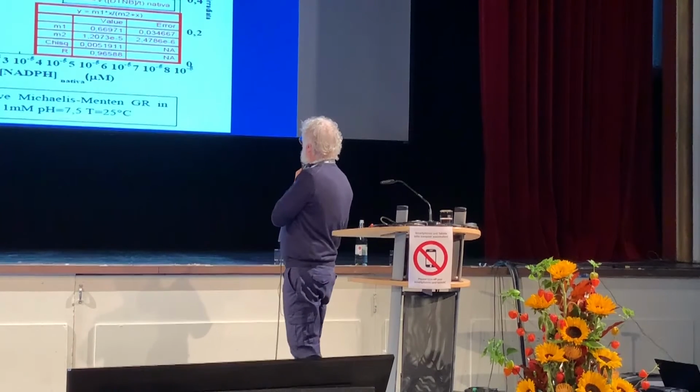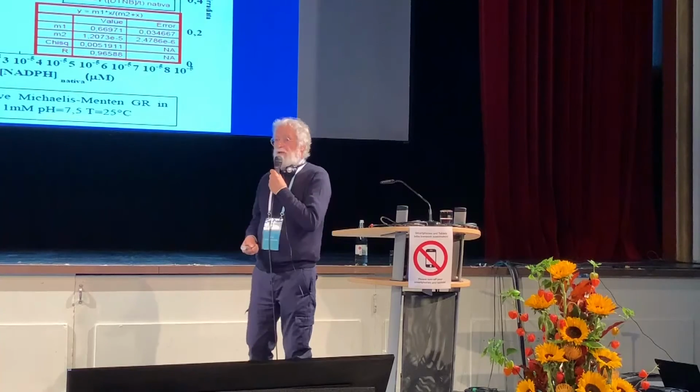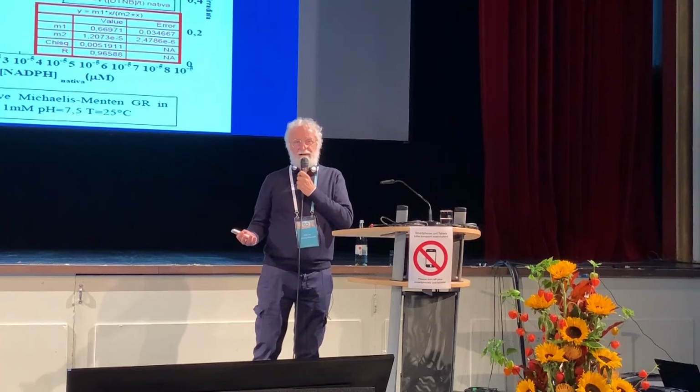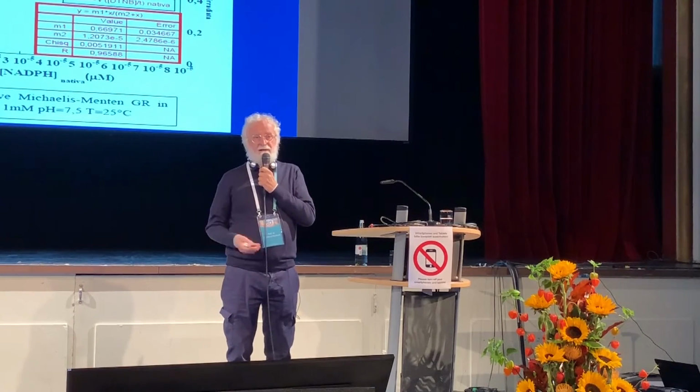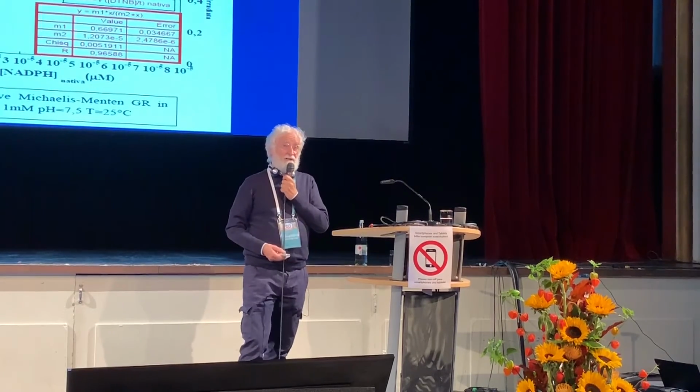In this curve, you can see the difference of the irradiation of the enzyme by Wi-Fi wavelength, in which you can see the difference of energy used by the native enzyme, not irradiated, and in blue, the irradiated enzyme, which needs more energy to function. So the difference is the lesser function of the enzyme inside the cells of the exposed person.